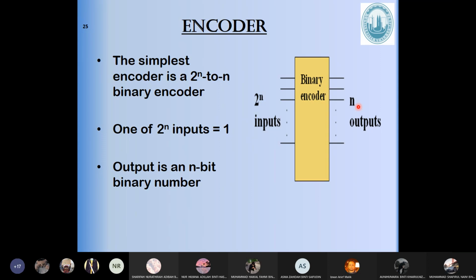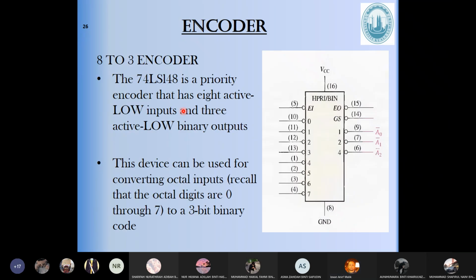Tadi terbalik. n input, 2 to the power of n output. Sekarang 2 to the power of n inputs and n outputs. So 8 to 3 encoder, example dia ni lah 74LS148. So this is known as a priority encoder that has 8 active low inputs and 3 active low binary outputs.